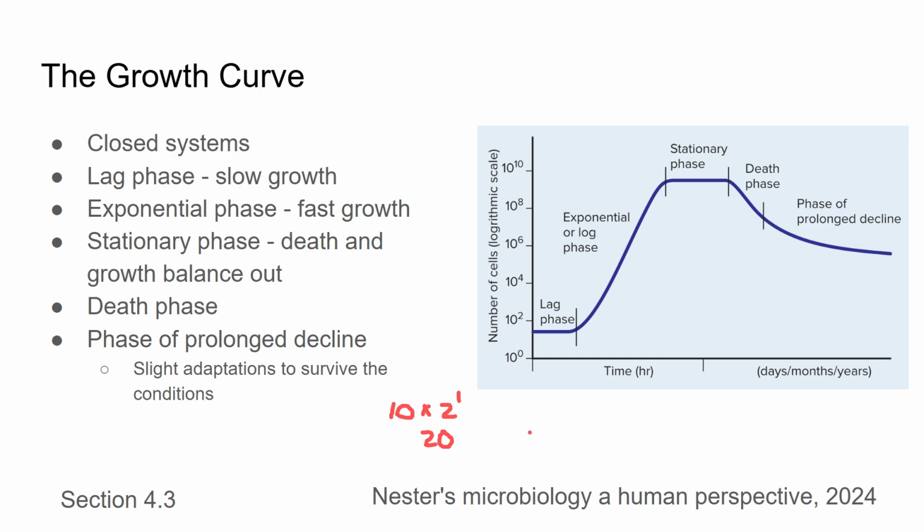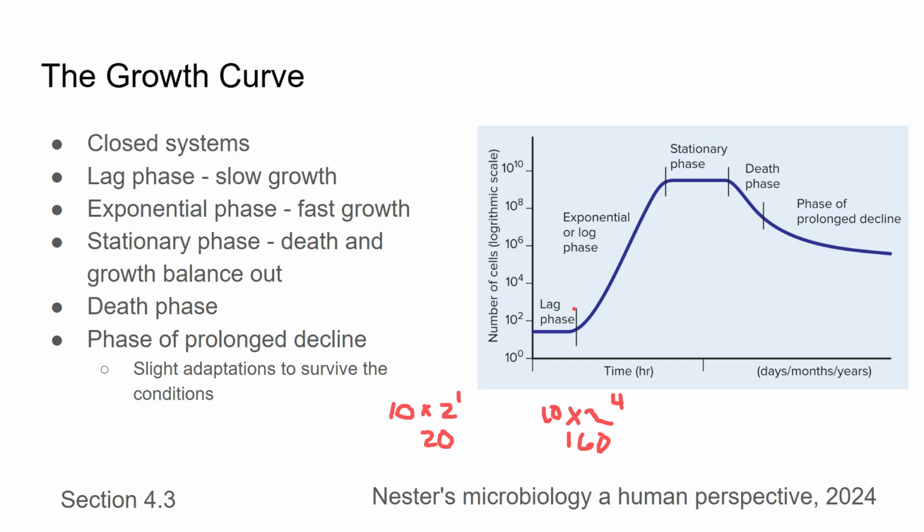Well, that didn't grow very fast. But once we get a little bit further, 10 times 2 to the fourth is going to be 160. So eventually it'll start to go much faster, but at the beginning, it doesn't grow very fast at all. That's why we call it the lag phase, because there's growth, but it's fairly slow.